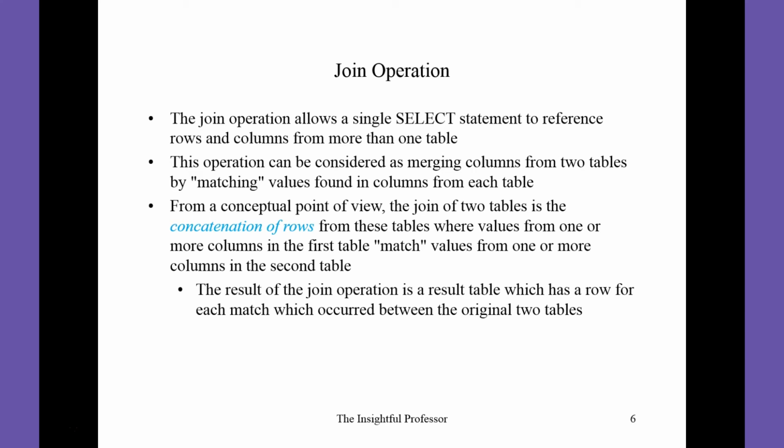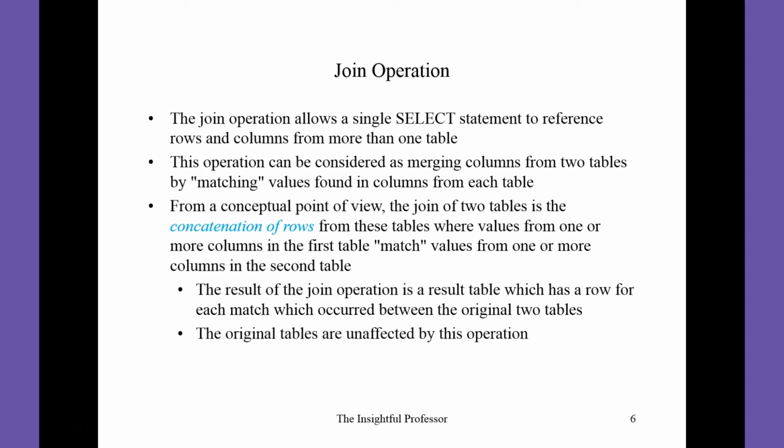It's not a permanently defined table within a database. It's a query result table, just like the query result tables that we've worked with from running single table operations. There will be a row for each match that occurs between the two tables participating in the join.